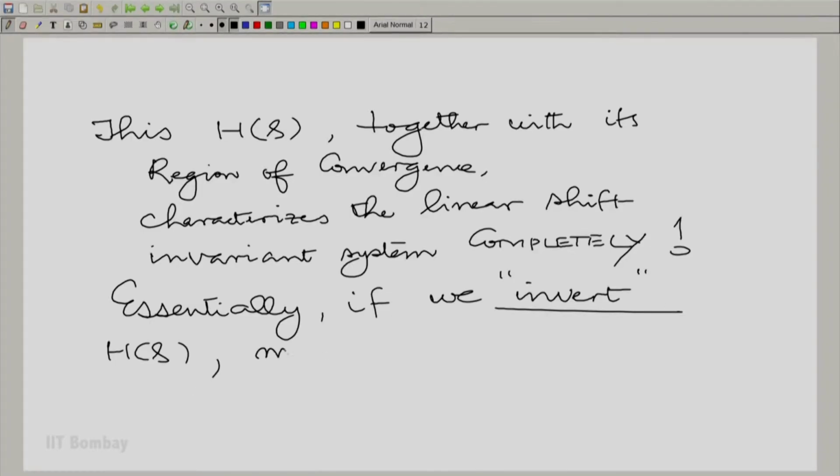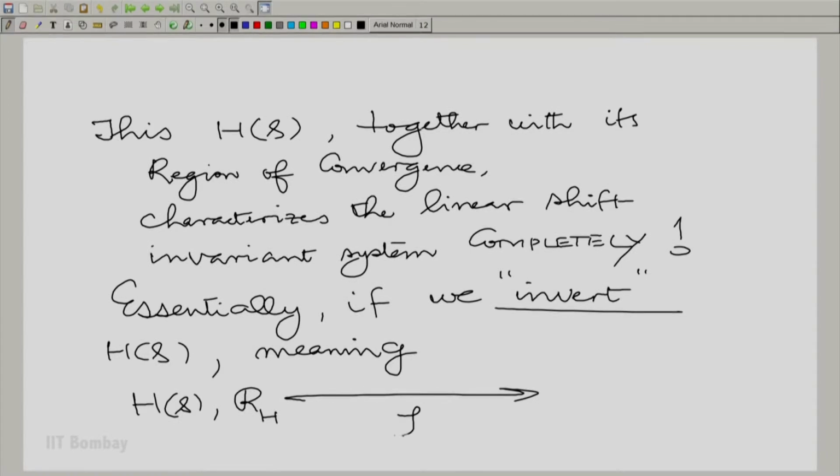So, if we invert H(s), meaning given H(s) and the region of convergence R_H, if we can calculate the Laplace inverse, or go back to h(t) by whatever mechanism, then we know everything about the system, because h(t) tells us everything about the linear shift invariant system, and that is what we mean by H(s) characterizing that system completely.